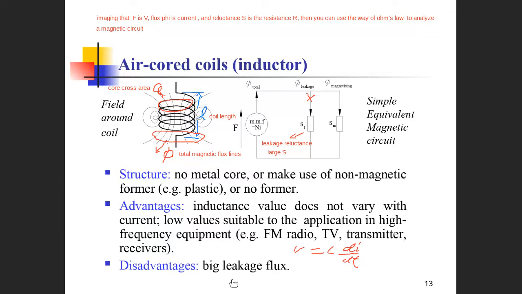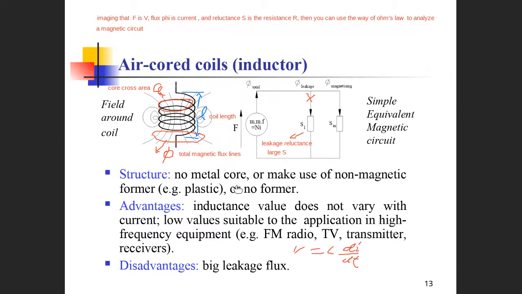The disadvantage is that it has a relatively big leakage because you have no core, so the flux may spread in the air. So that's the advantage and disadvantage of the air-cored coils.